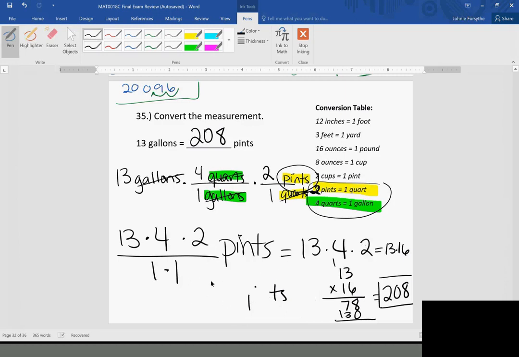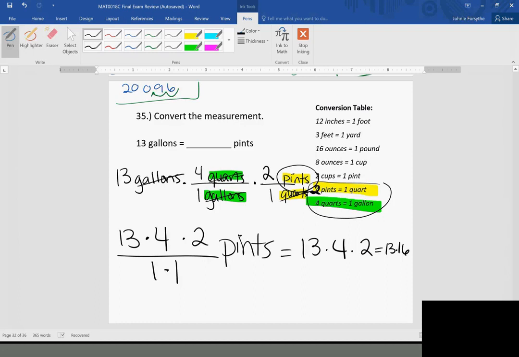So that's going to change my answer here. Sorry about that. I just looked at my answer key and realized when I was typing this review that I typed the wrong number here. So it's 2 pints equals 1 quart.